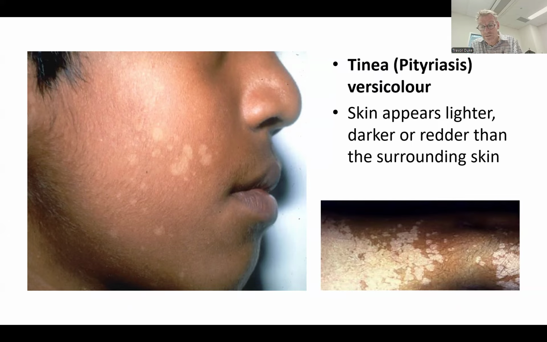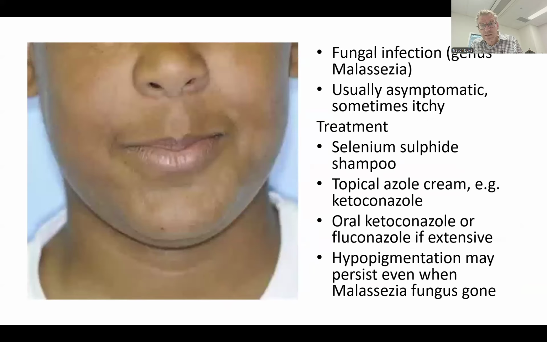You sometimes hear it called that, and it's so common that we often think of it as being normal, and so there are many children that have it. Usually it's asymptomatic. Sometimes it can be itchy, but usually asymptomatic.